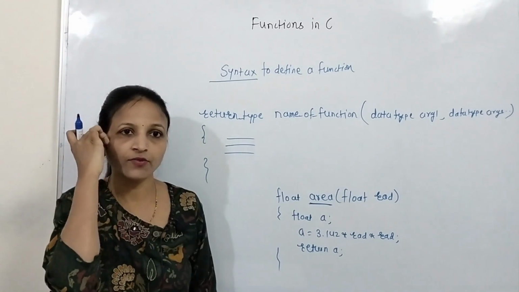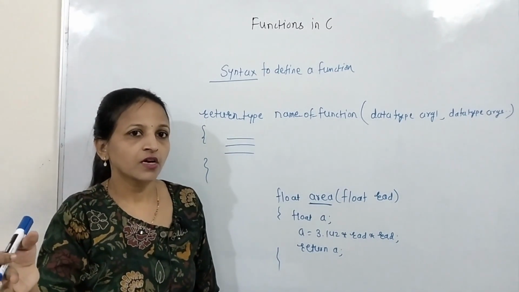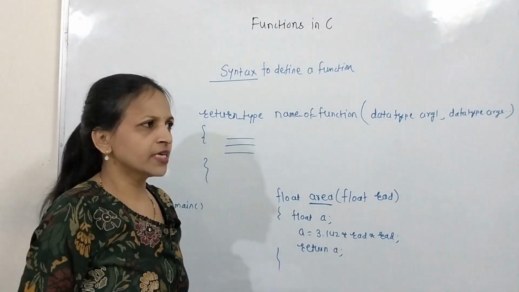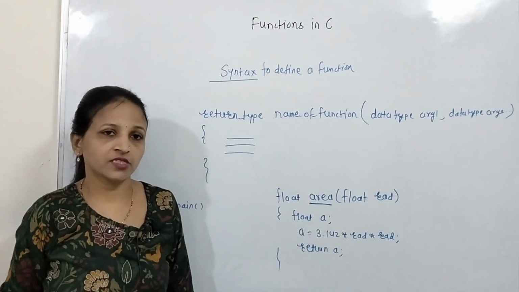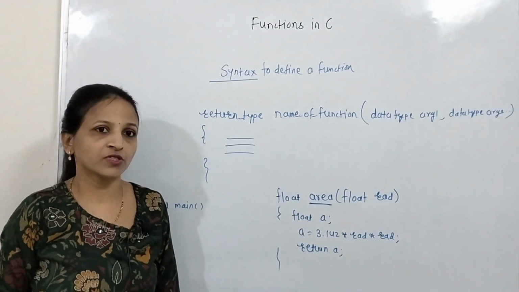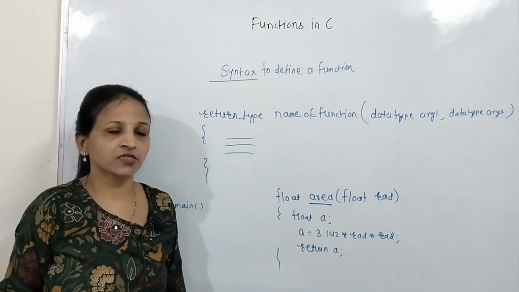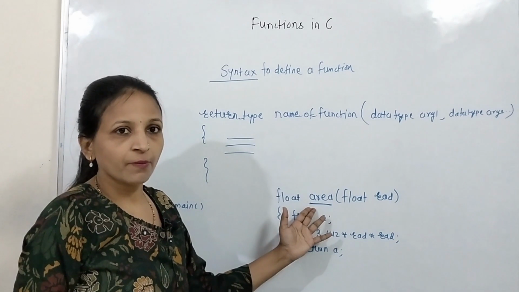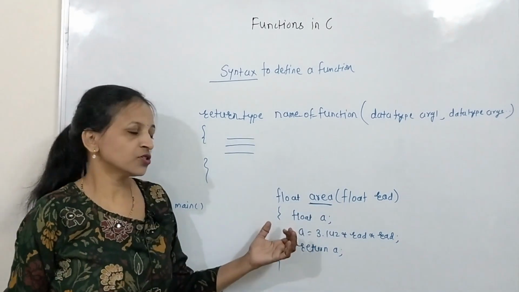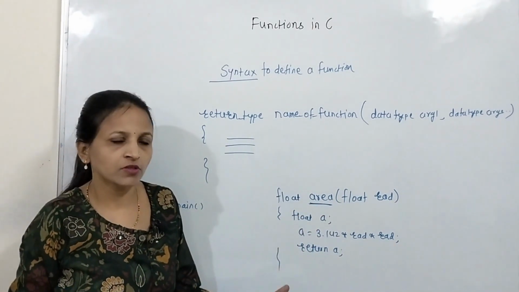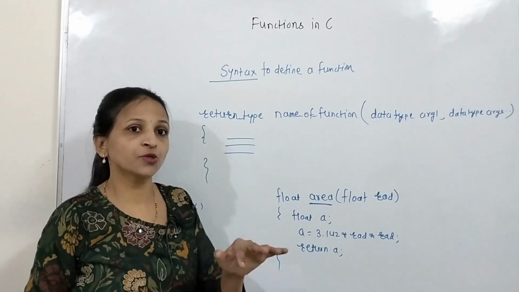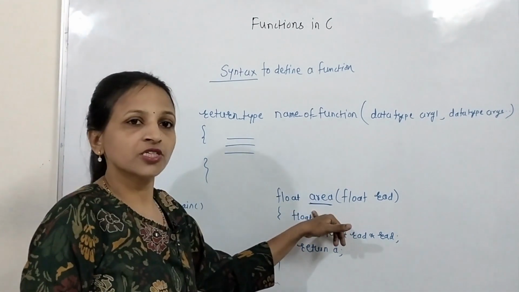I want to calculate the area of a circle, and for that I can give any name following identifier rules. Whatever identifier rules, those should be followed: it can have alphanumeric characters, it should start with an alphabet, and only underscore is a special symbol that is allowed. Those identifier rules should again be followed while giving the function name.